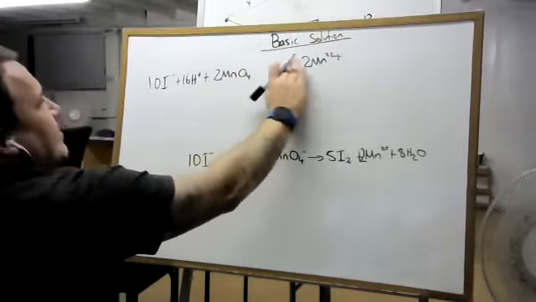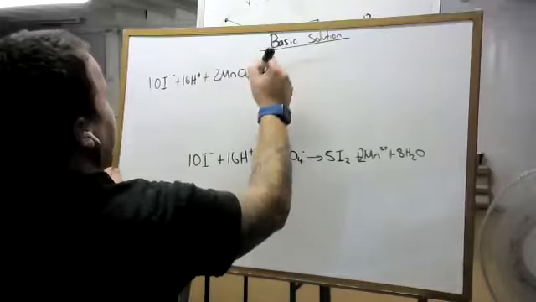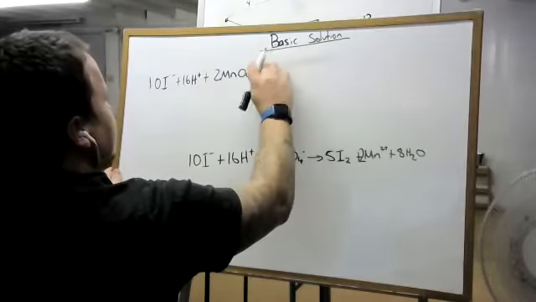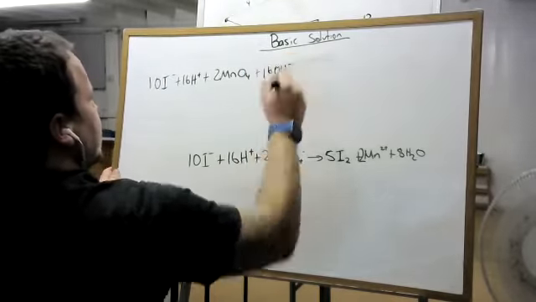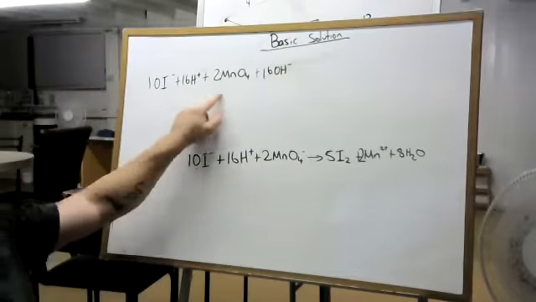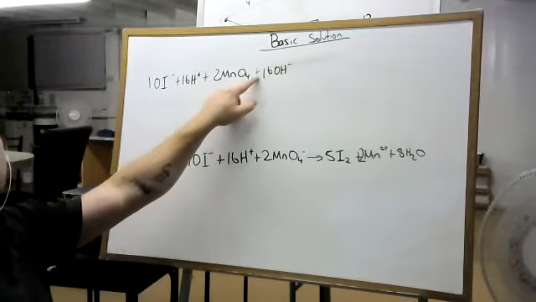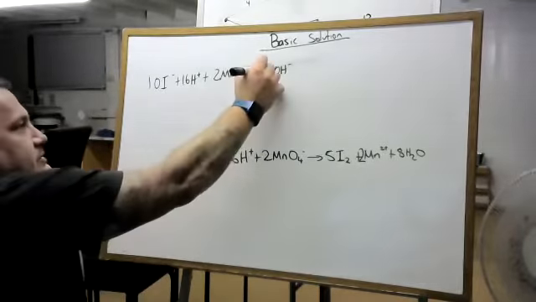Oh, I'm supposed to leave a gap. So we would add 16 OH minus to both sides because we need to counteract the H plus here with 16 OH minus.